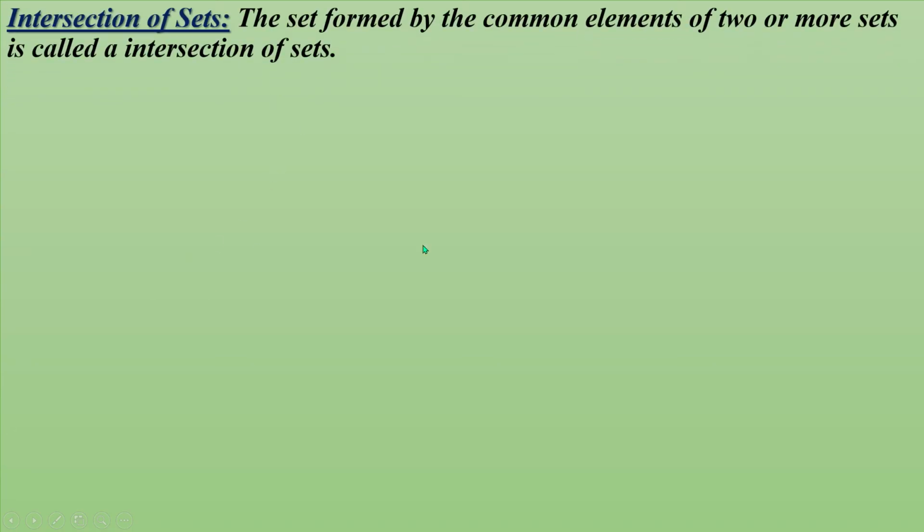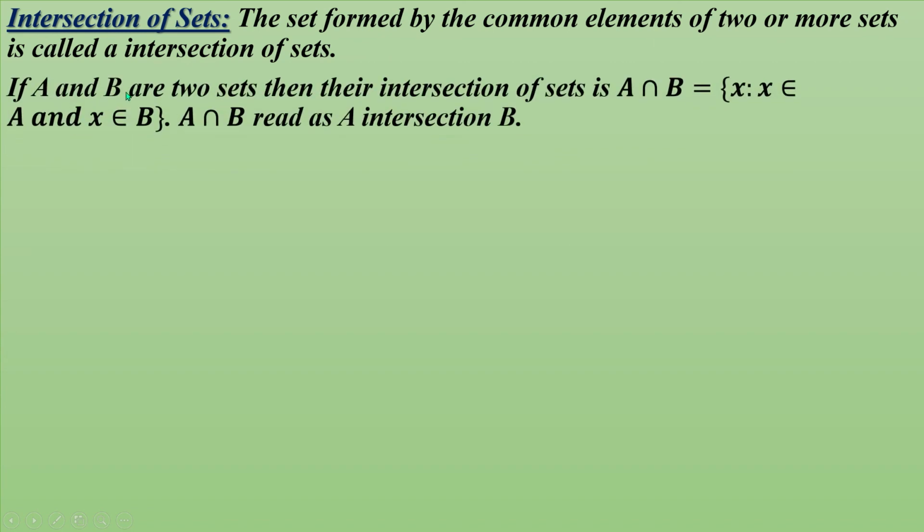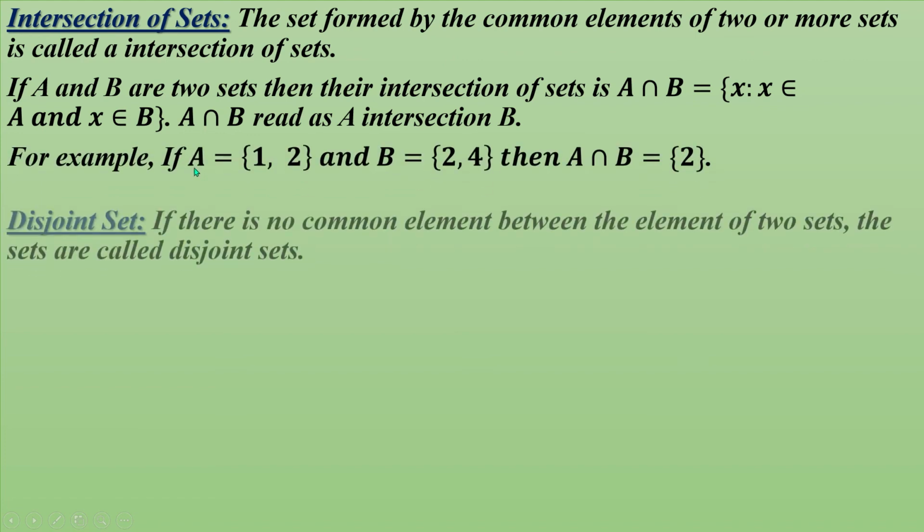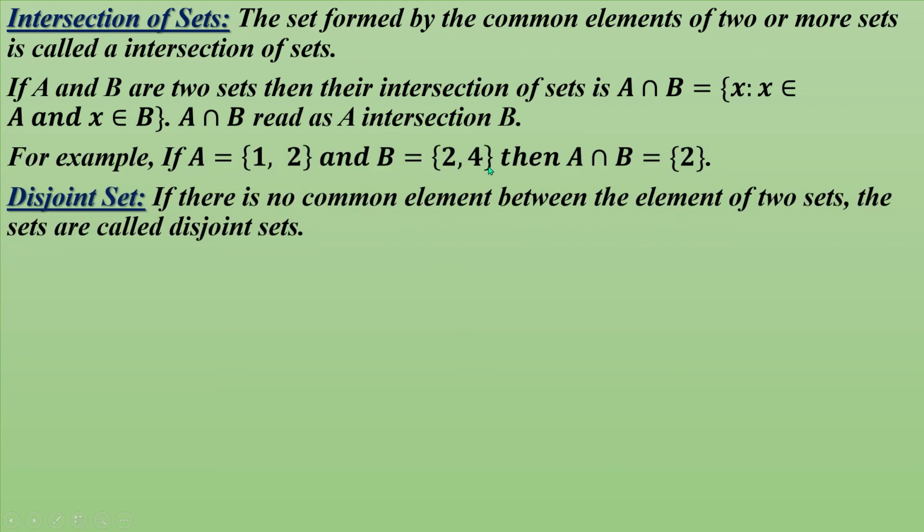Intersection of sets. The set formed by the common elements of two or more sets is called an intersection of sets. If A and B are two sets, then their intersection of sets is A intersection B. This is equal to x such that x belongs to A and x belongs to B. A intersection B is read as A intersection B. For example, if A equal to this and B equal to this, then A intersection B is equal to 2.